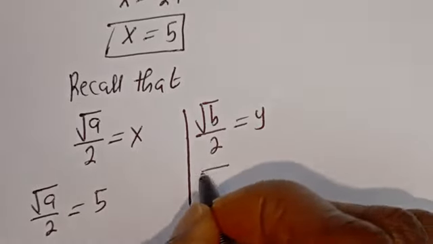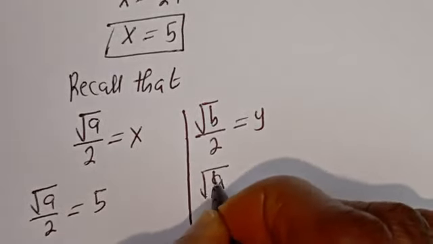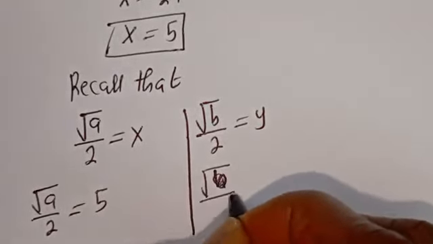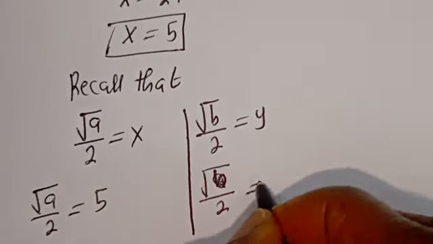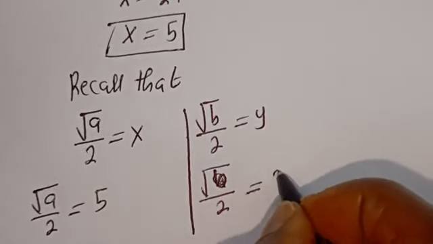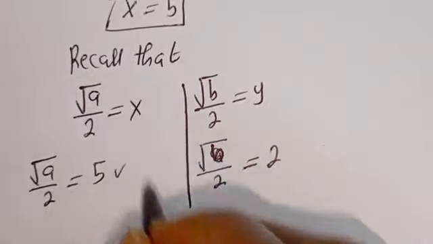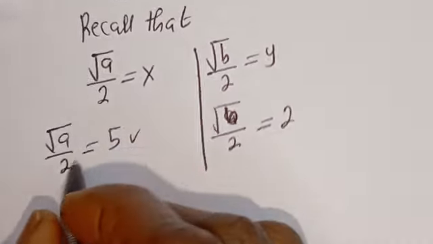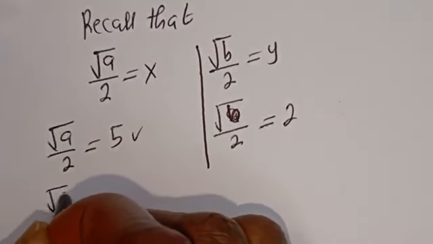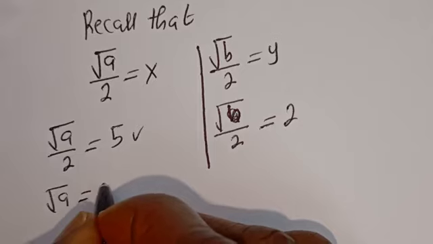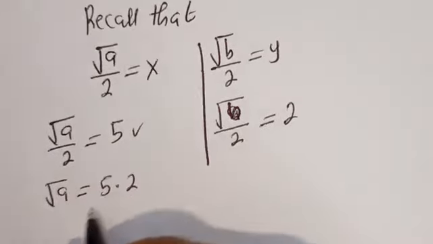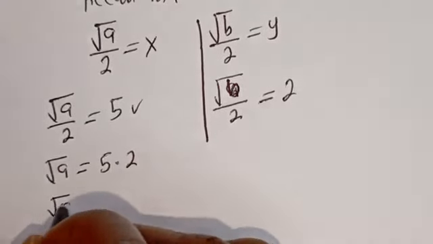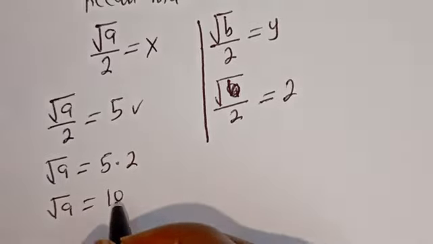Then here square root of b divided by 2 is equal to y is 2. Now let's solve this. By cross multiply, we have square root of a is equal to 5 multiplied by 2. Square root of a is equal to 10.